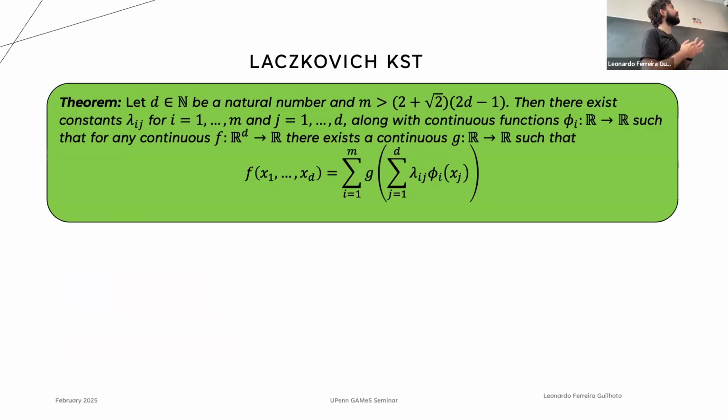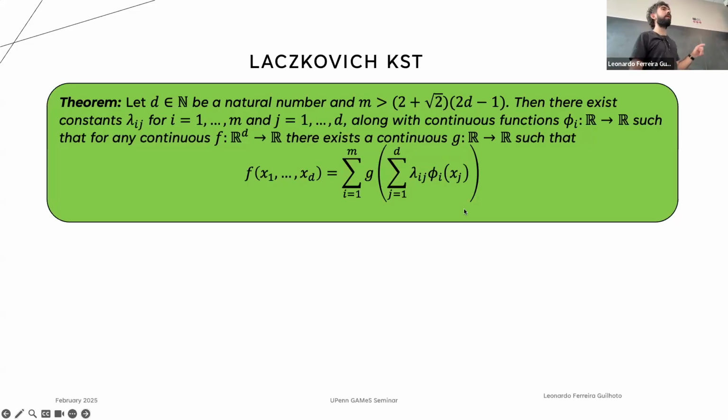So you can see it grows linearly with input dimension D. The theorem says that there exist constants lambda ij, where i goes from 1 to m and j goes from 1 to d, along with continuous functions phi i, where again i goes from 1 to m, such that for any continuous function f from R^d to R, and notice, now we're talking about R^d, no longer just the unit cube, there exists a continuous function, a single one, that is also univariate, such that we get this formula over here.